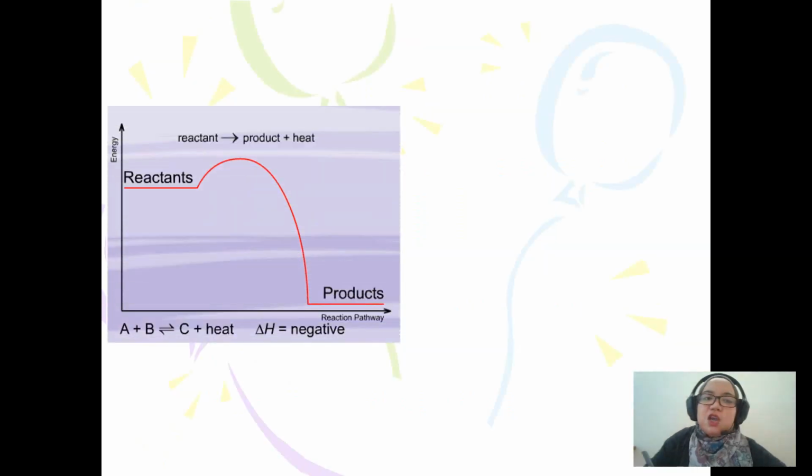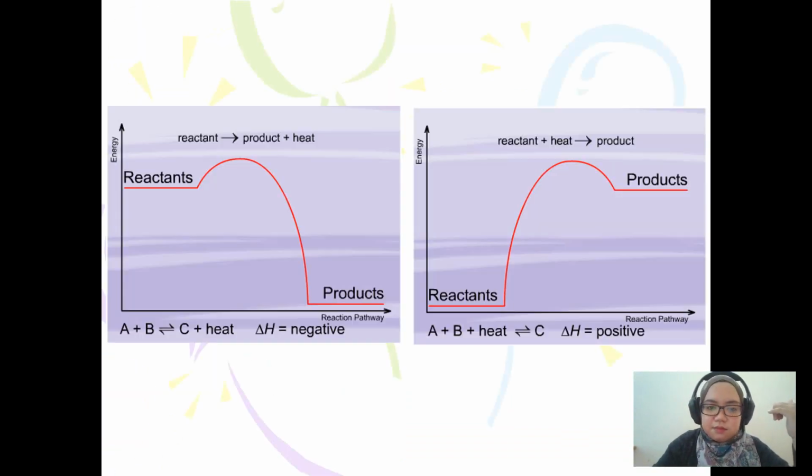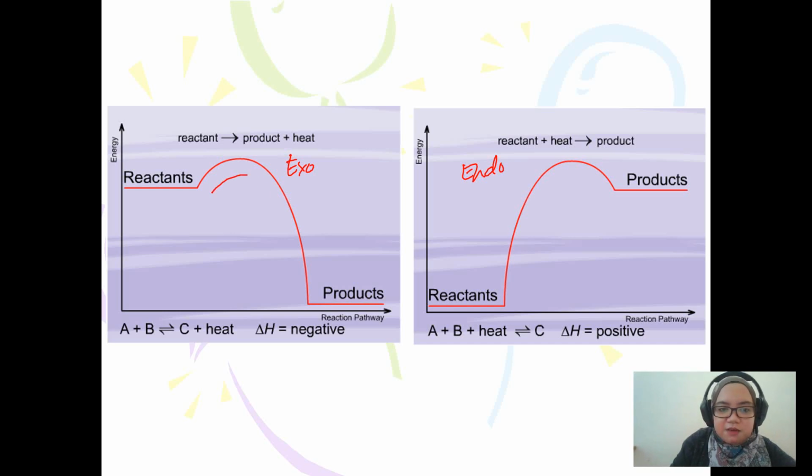Okay, kita nak tengok case untuk endothermic dengan exothermic reaction. Kalau kat sini tengoklah ni. Okay. This is the case where heat is released. So this is exothermic. This is the case where heat is absorbed to form product. So this is endothermic. Kalau heat release, awak nampak tak energi dia berkurang?